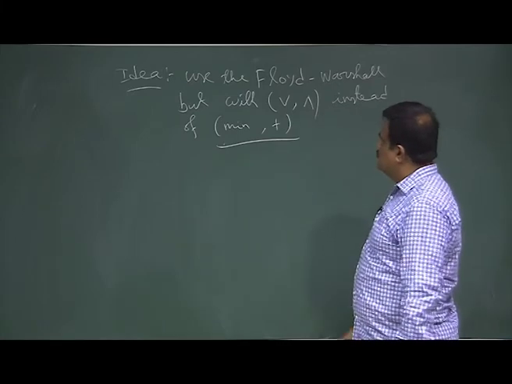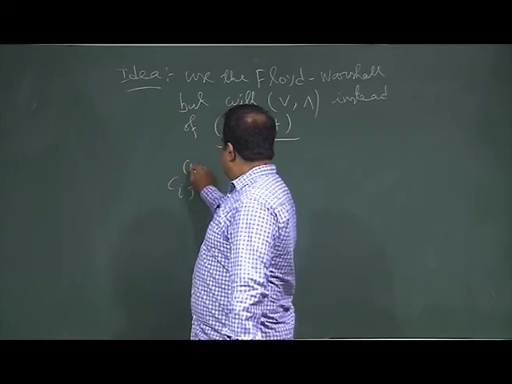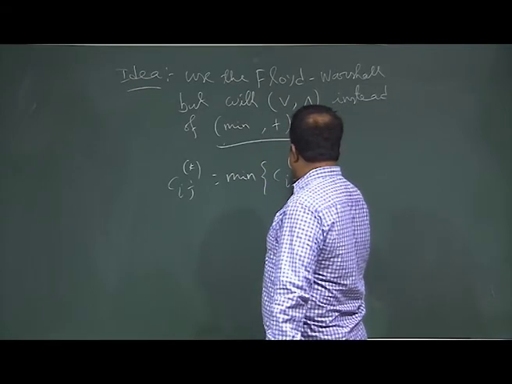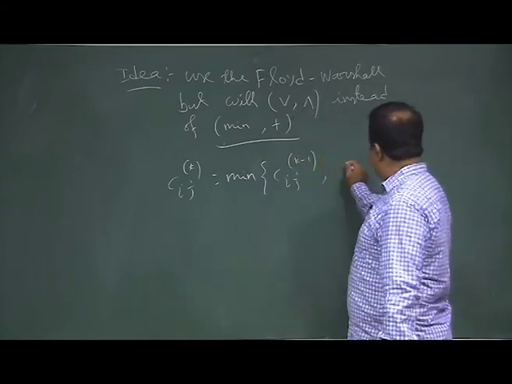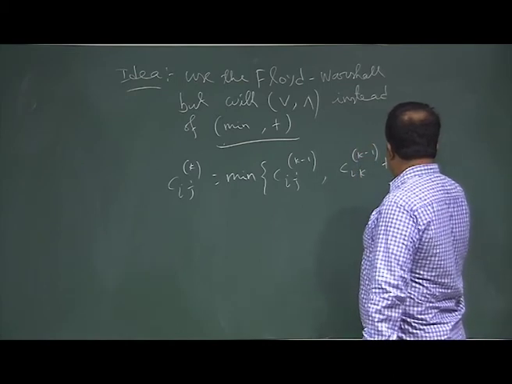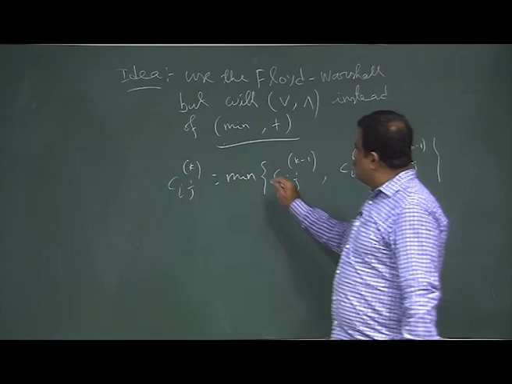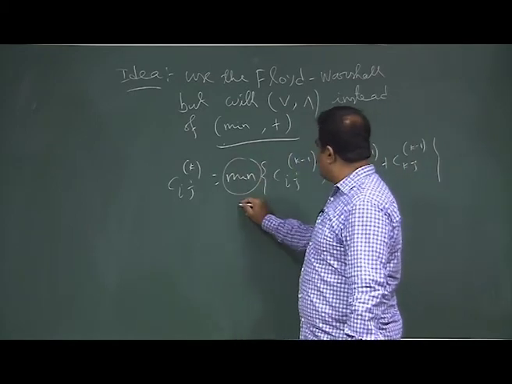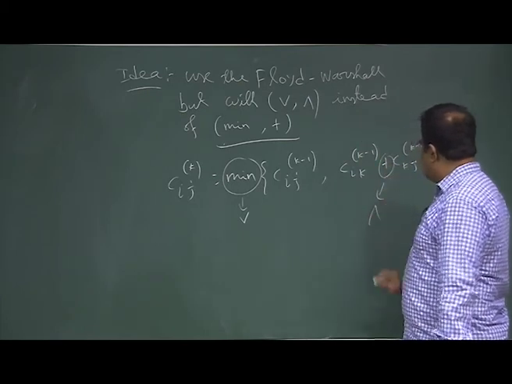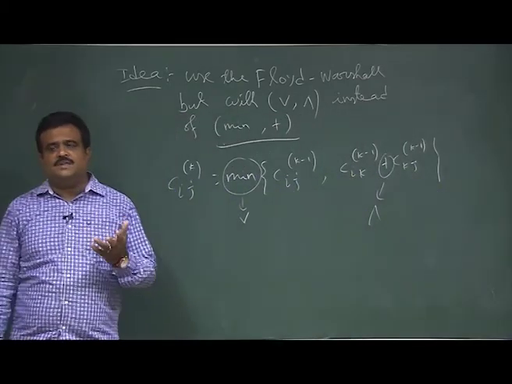We remember the algorithm: we have Cij at step k, which is the minimum of Cij at k minus 1, comma, Cik at k minus 1 plus Ckj at k minus 1. Instead of this minimum, we will use the OR operation, and instead of this plus, we will use the AND operation. That means either present or absent, this is the logical operation.